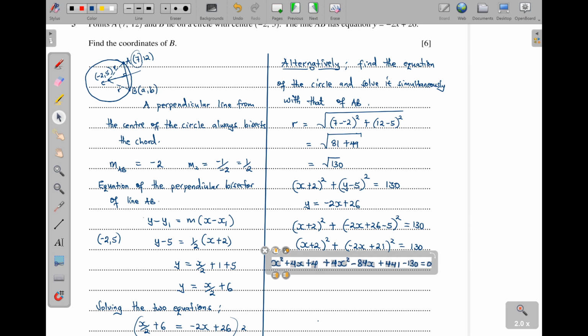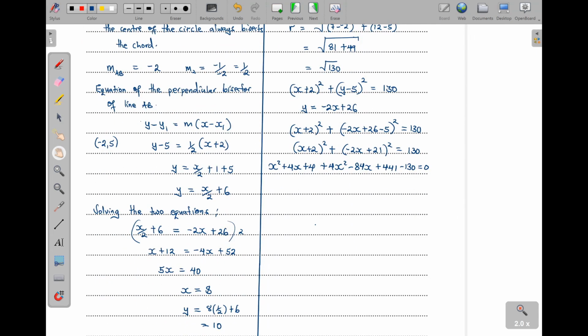Then I simplify this quadratic equation. So x squared plus 4x squared, of course that is going to give us 5x squared, and then 4x minus 84x, that will give us minus 80x, and then 4 plus 441, that will be 445.